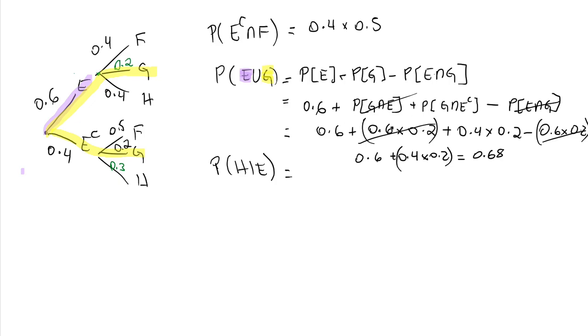Now, I could have done this visually, totally visually, without working out the formula for the union. And how could I do that? Well, think about the probability of one or another. Do you agree that this first yellow branch is repeating with the purple branch, E and then G?